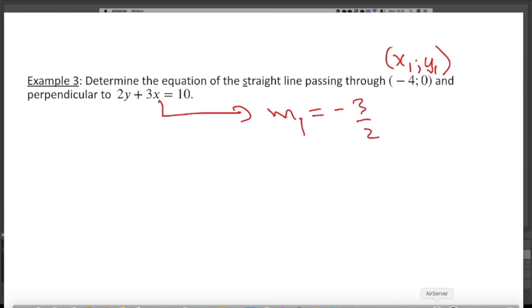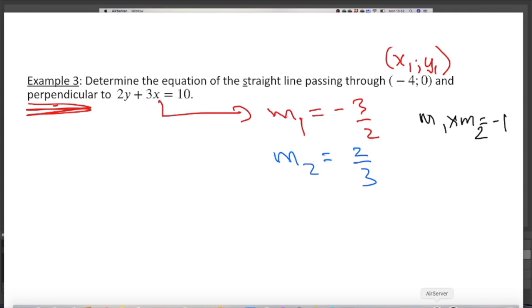I'm doing this because we are given here that the line we are looking for should be perpendicular to the given line. So if the gradient of the first line is minus 3 over 2, it means the gradient of the required line will be 2/3. Remember, when you multiply the gradients of perpendicular lines, you should get a negative 1.